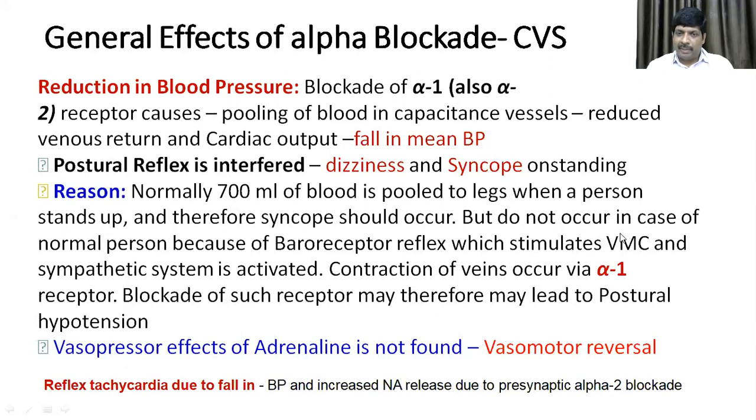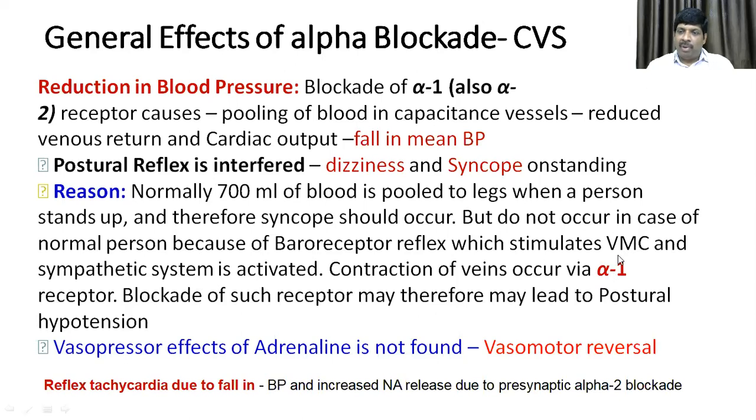As the baroreceptor senses a decrease in blood pressure in the standing position, it stimulates the vasomotor center, and then the sympathetic system is activated, causing contraction through alpha 1 receptors. So the person does not feel syncope.